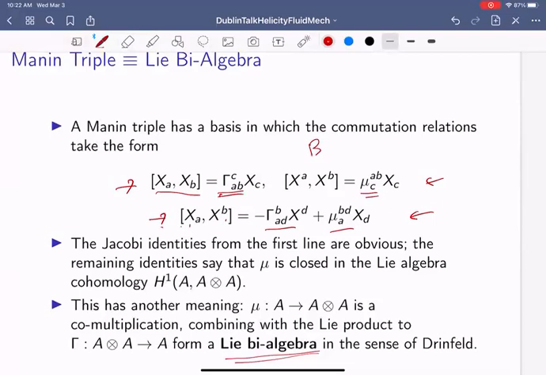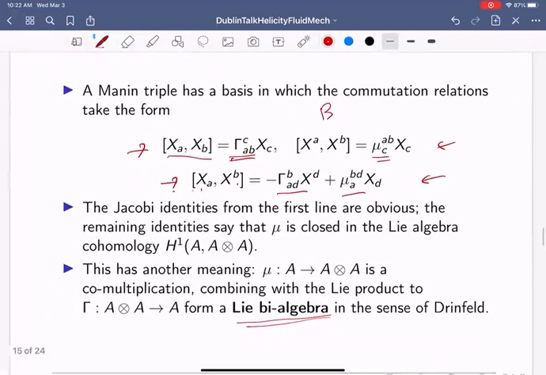Now, of course, you might ask, what does the Jacobi identity imply for this? The Jacobi identity for gamma and mu are the obvious things. They satisfy the Jacobi identity separately in gamma and mu. The Jacobi identity for the mixed commutator has a very interesting geometric meaning. It means that mu is closed in the cohomology of A. A is a Lie algebra, remember.